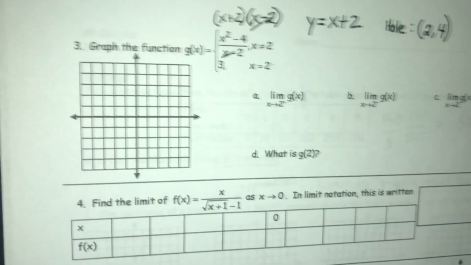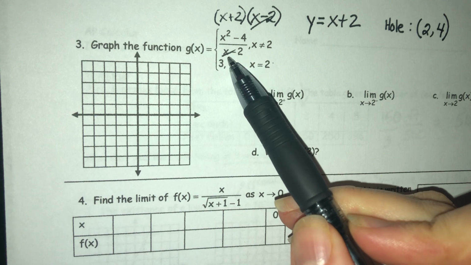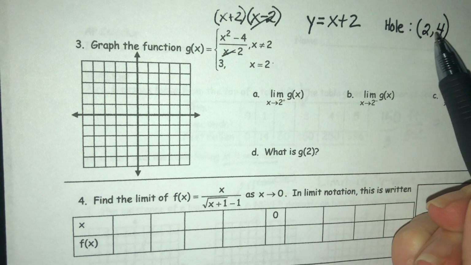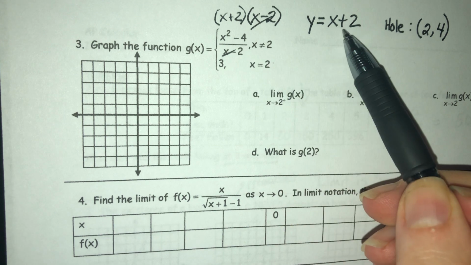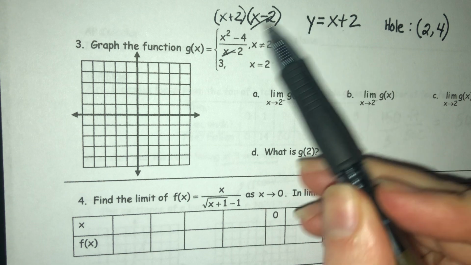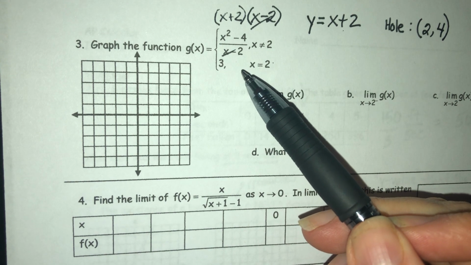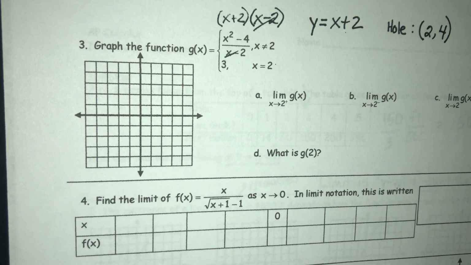So just to repeat that, you find the location of the hole by figuring out what x value would cause your denominator to equal 0, and then substitute that x value into the simplified version of your rational equation, once you've divided out the x minus 2's, to get the y value for the point of discontinuity.